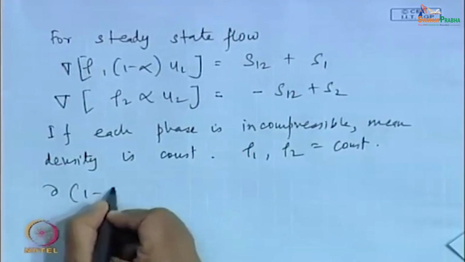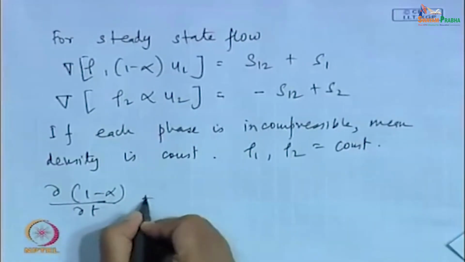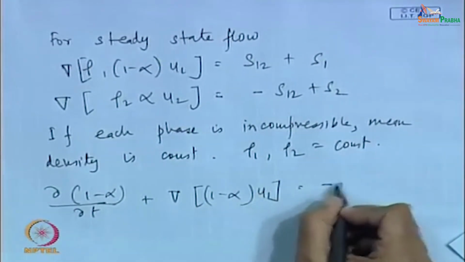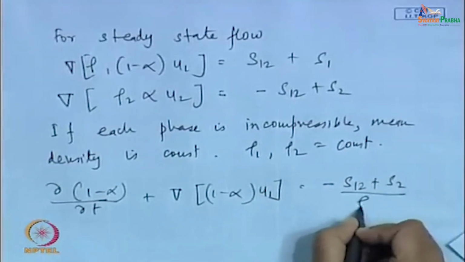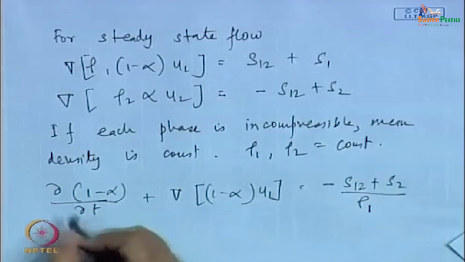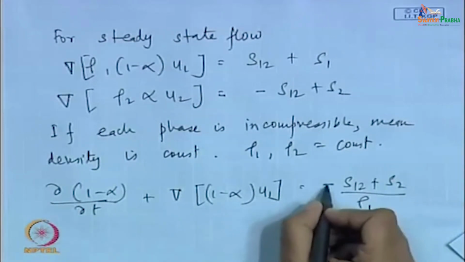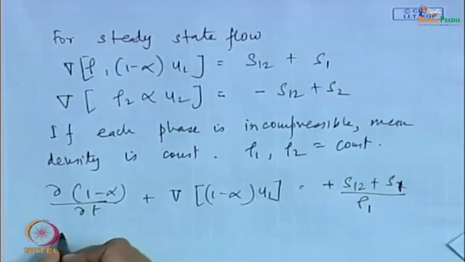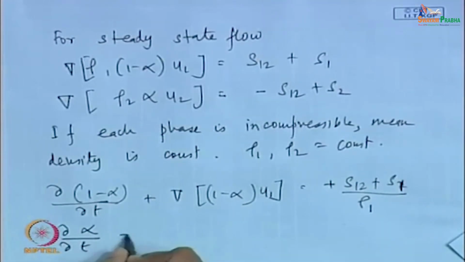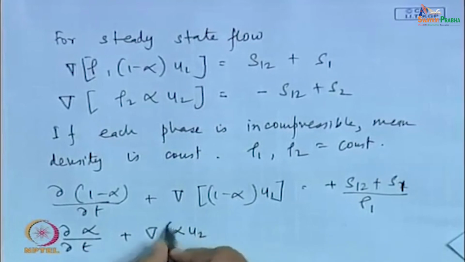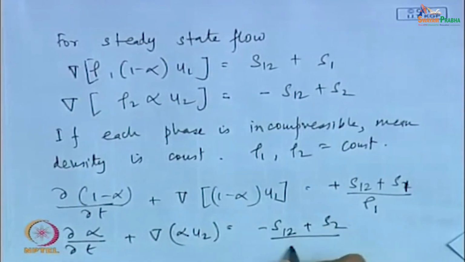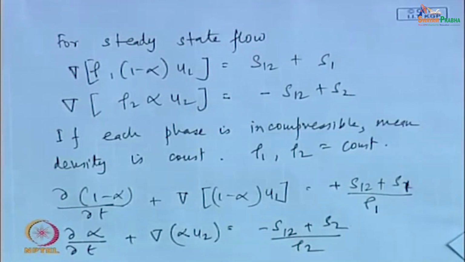It should be ∂(1 minus alpha)/∂t plus divergence of (1 minus alpha) u 1 equals minus S 1 2 plus S 2 by rho 1, plus S 1, and this is going to be ∂alpha/∂t plus divergence of alpha u 2 equals minus S 1 2 plus S 2 by rho 2, is it not?